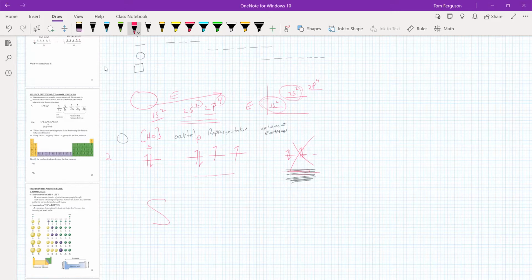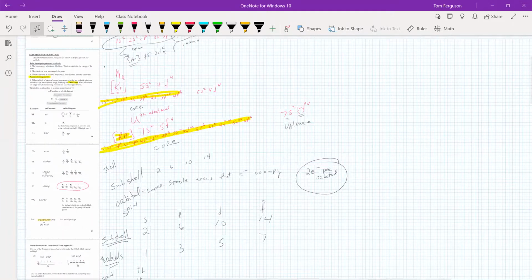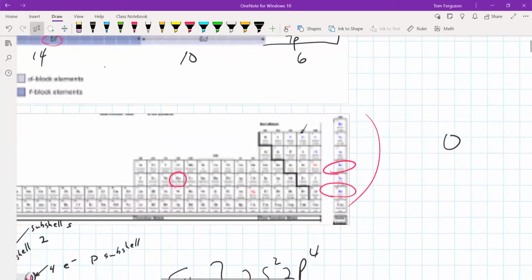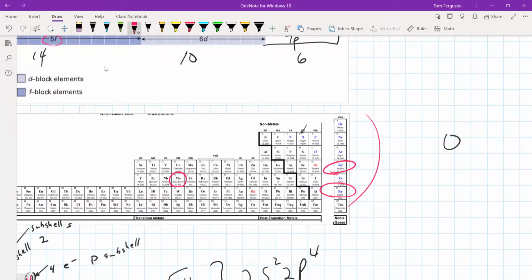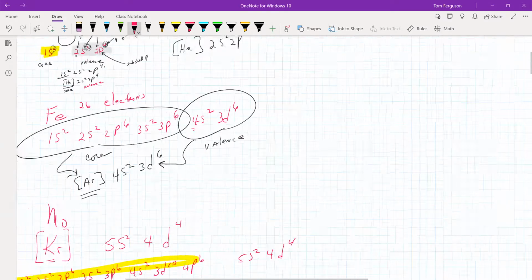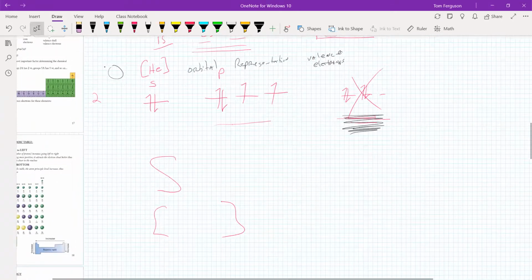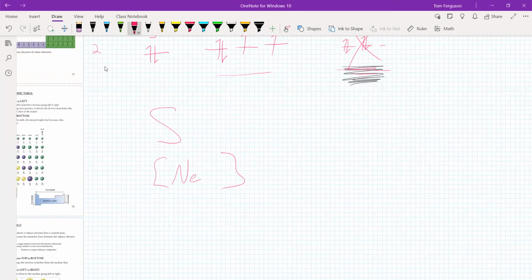We're going to do the abbreviated one, so we go up one row, all the way to the right. Sulfur's right here, so up one, it's going to be neon. And then the valence is going to be 3s2, 3p4.